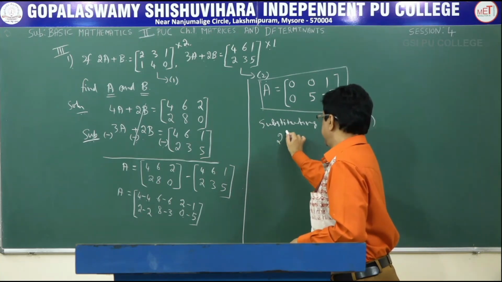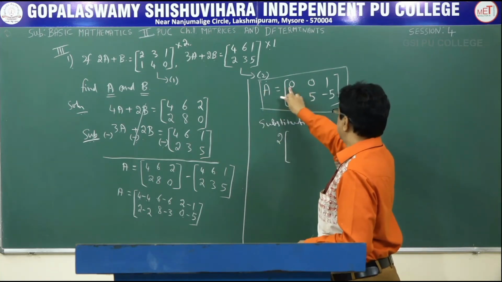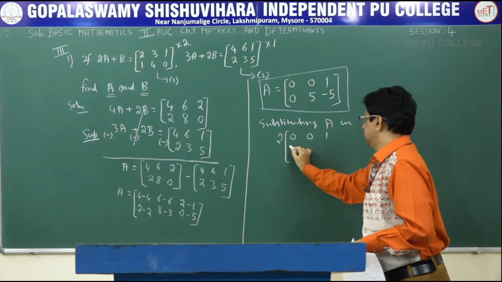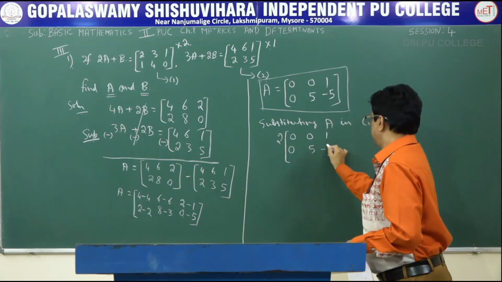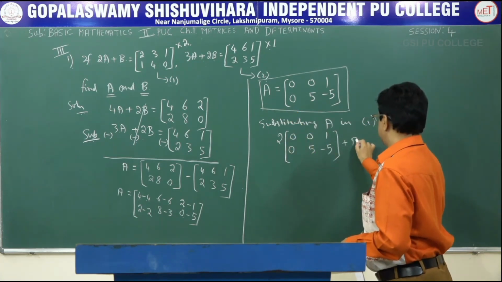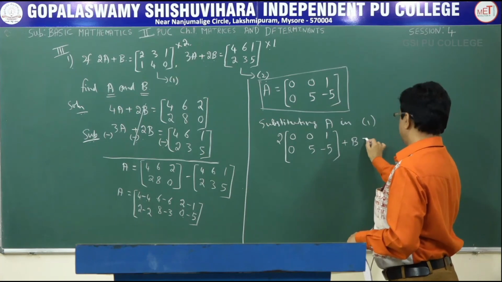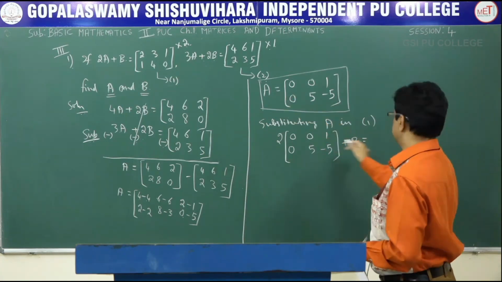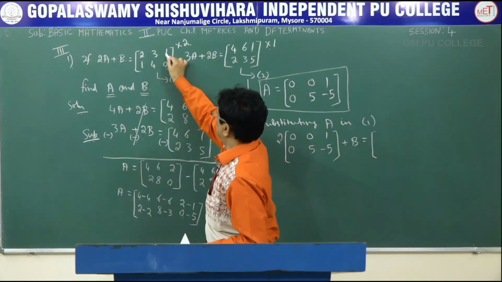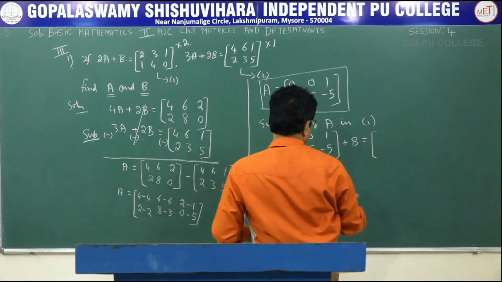So 2 into A, A is [0, 0, 1; 0, 5, minus 5], plus B equals [2, 3, 1; 1, 4, 0].